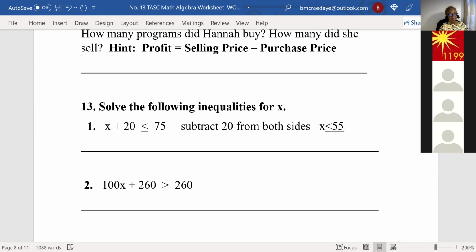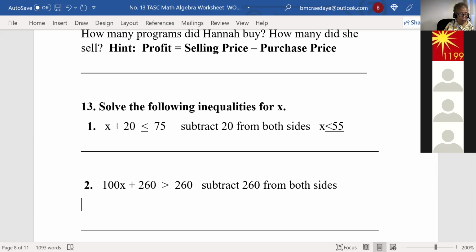And this one, what do you do with this one? It's subtract 260 from both sides, right? That's right. Subtract 260 from both sides. And that would give you what? No, 260 from both sides. That would give you 0 on the right side, and it would give you 100X on the left side.